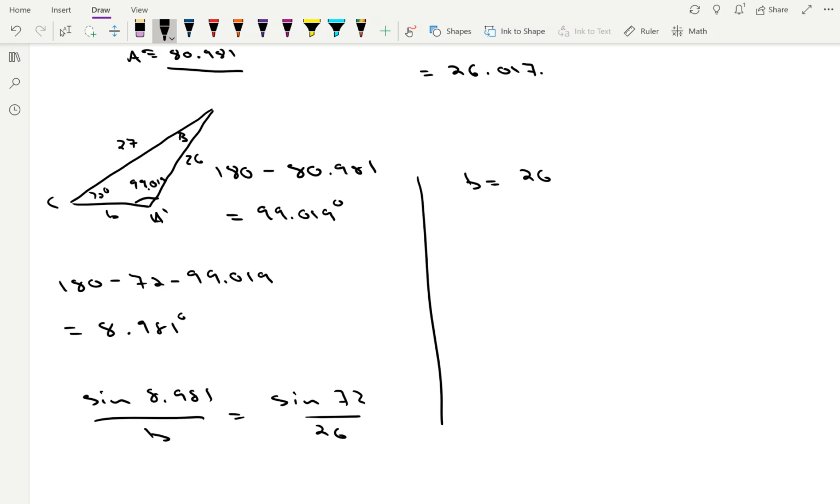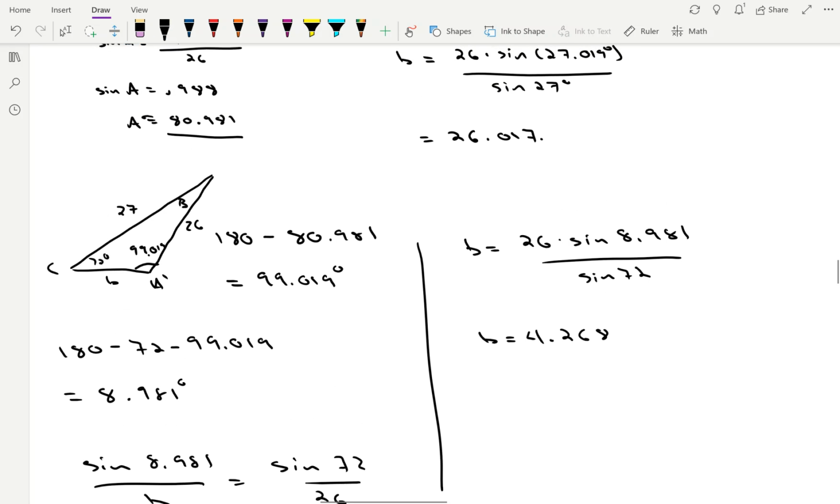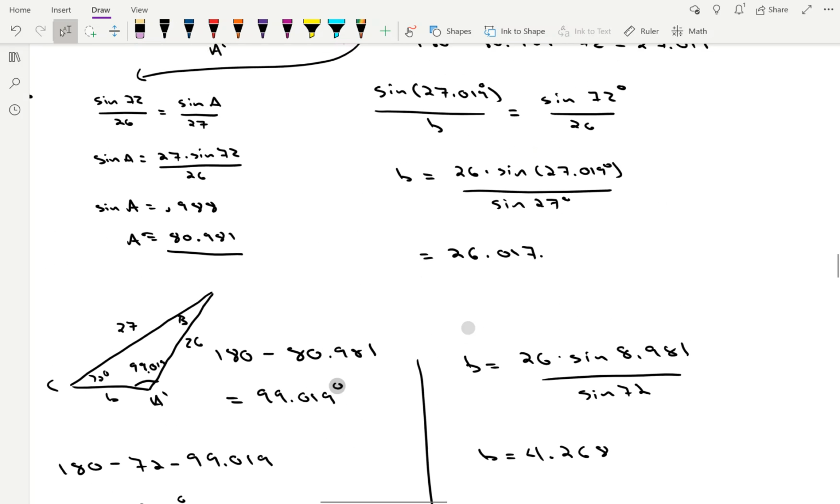That's 26 times sine of 8.981 divided by sine of 72, and b is equal to 26 times sine of second answer, he's right there, divided by sine of 72, and our answer is 4.268.